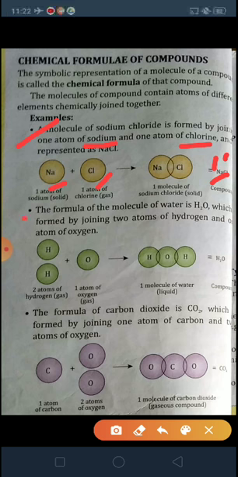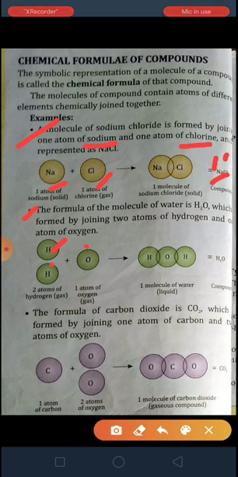The next one: the formula of the molecule of water is H2O. Water we normally use, without water we can't survive. H2 means two atoms of hydrogen and one atom of oxygen chemically join together and form one molecule of water.